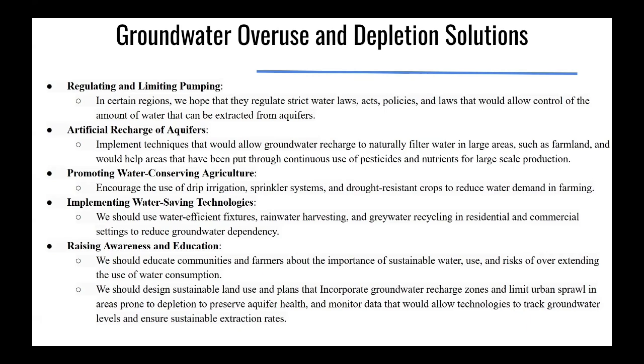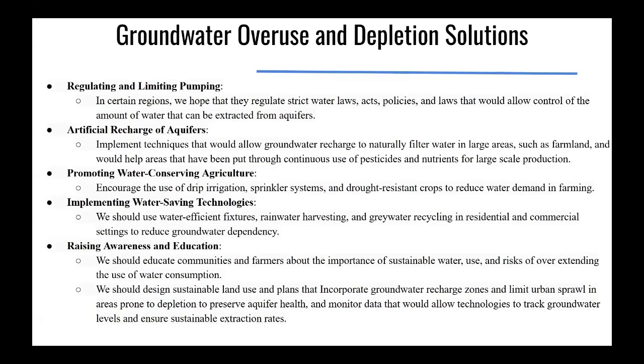Another thing we need to start implementing is water-saving technologies, water-efficient fixtures, rainwater harvesting, and gray water recycling in residential and commercial settings to reduce groundwater dependency. And then last but not least is raising awareness and education.